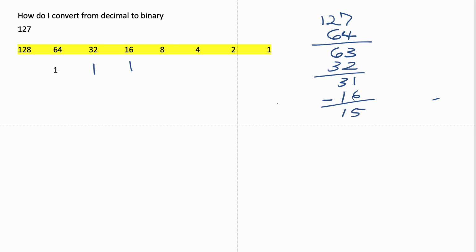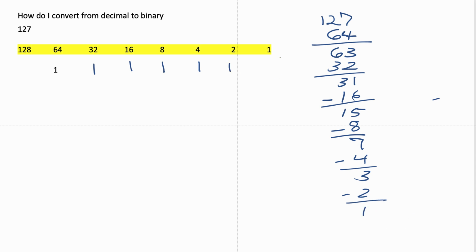And again, you look here and say, which one is less than or equal to 15? There's only one, that's 8, so we write a 1 there. Then we subtract the 8 over here, and we get 7. Which one's less than or equal to 7? That's 4, and so we got a 3 here. And then 2 is the next one.